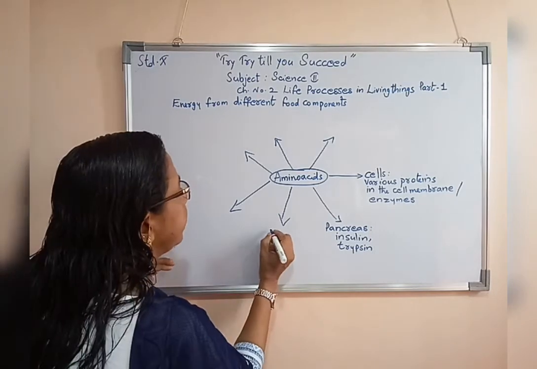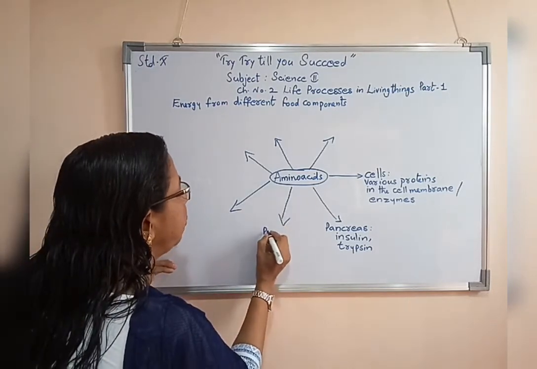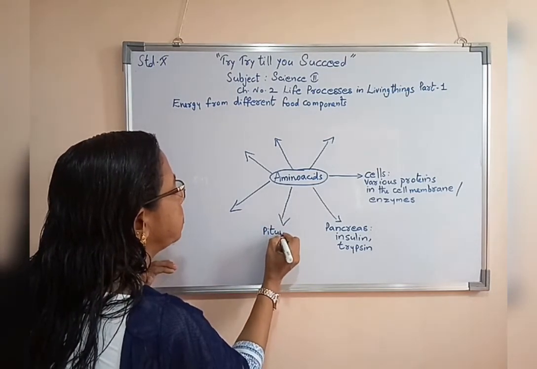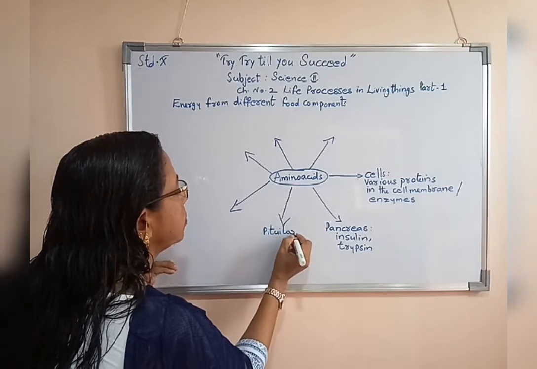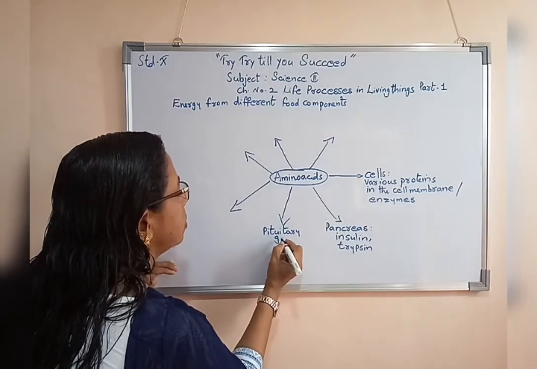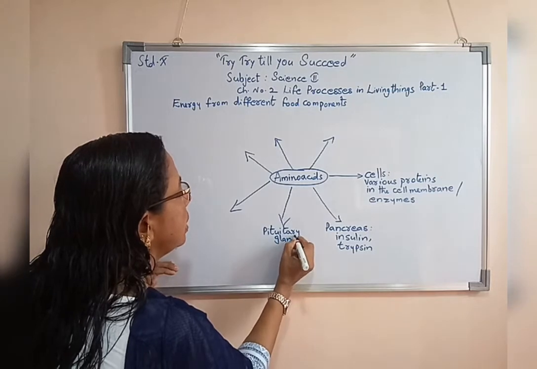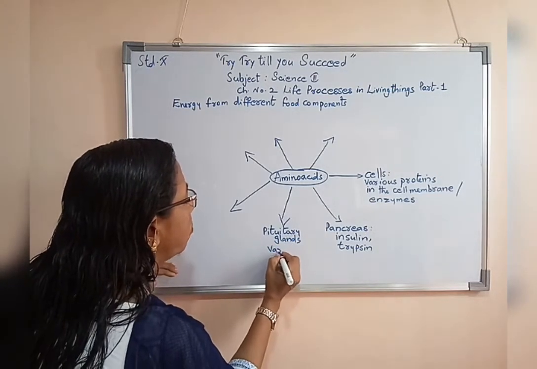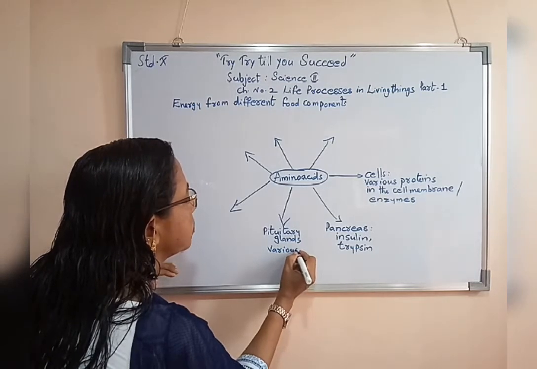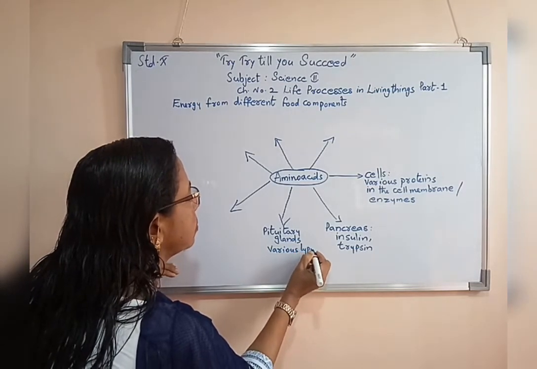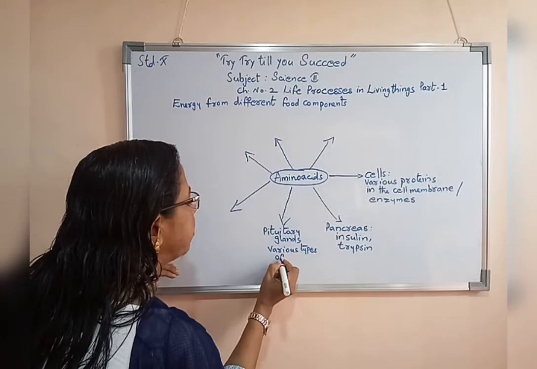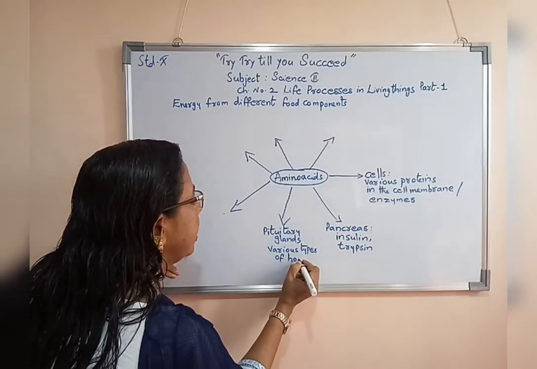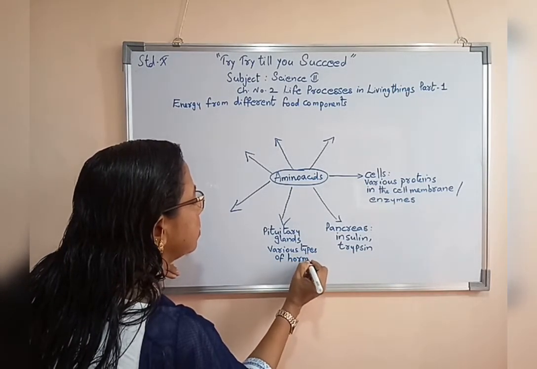After that, it goes to the pituitary glands. There it produces various types of hormones. Hormones means a type of proteins.